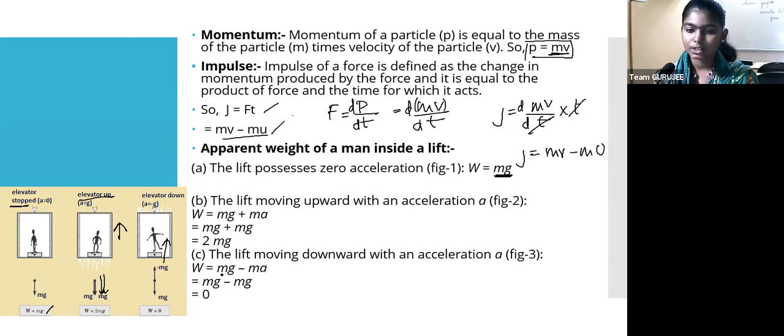So your mg which is downward with the gravitational force, and mg acting upward because of the elevator moving downward, both of them will get cancelled and your weight will become zero. So in an elevator moving downward, you won't have weight. When the acceleration becomes equal to g, no weight will be there on you. That is what the third case is explaining, right?